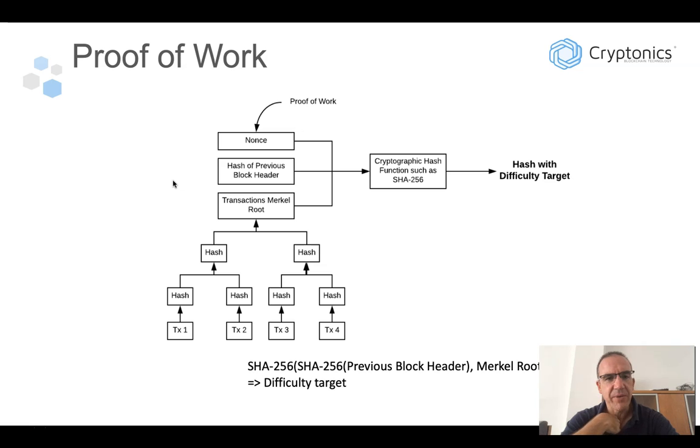And it's basically a race against time, right? So there's a race between the different block producers or miners. They use a nonce, which is a number used only once, in the block header, and they use that to calculate the hash.